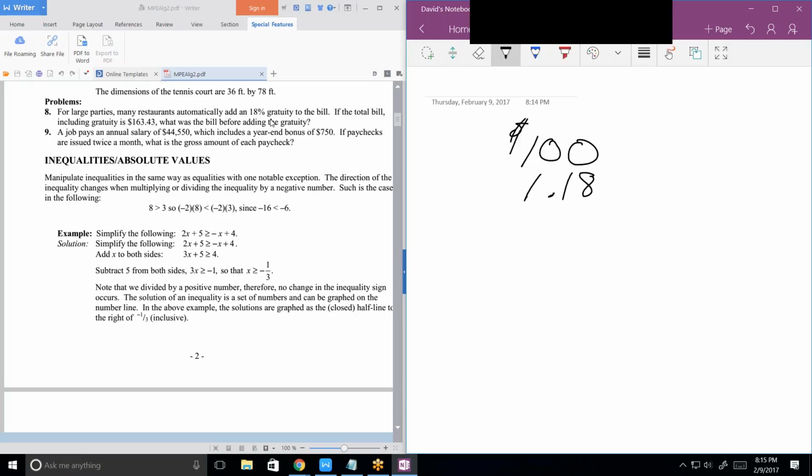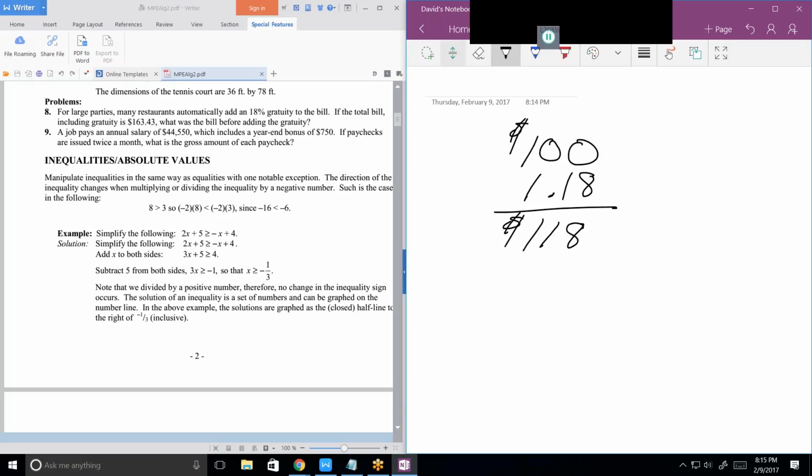And that's an important consideration to know. When you're talking about tips, anything that increases the bill, you don't have to multiply it by 18% and then add it. You can just multiply the whole thing by 1.18. Notice that also gives you $118.